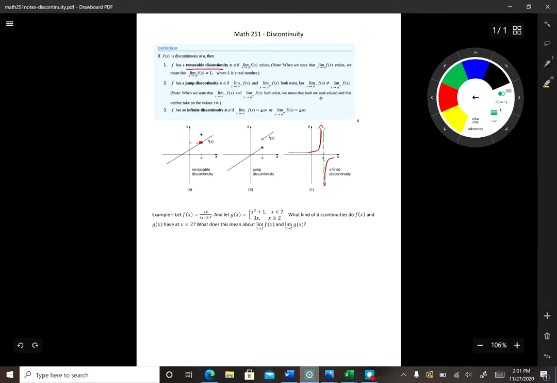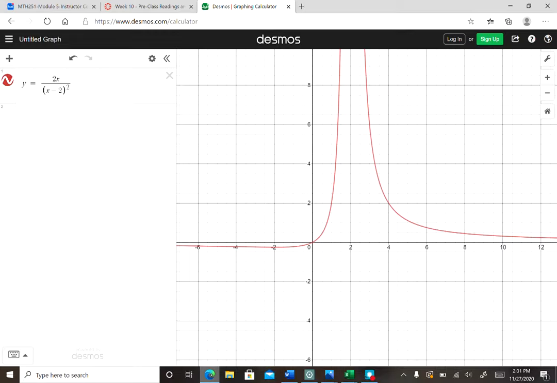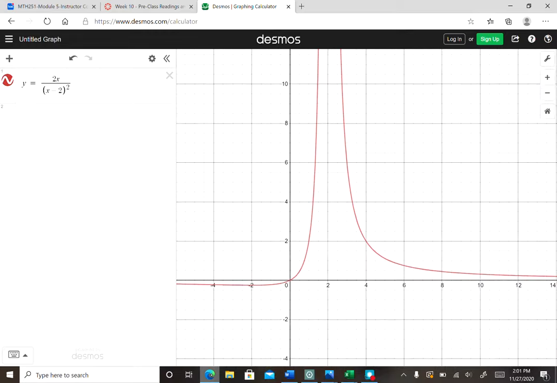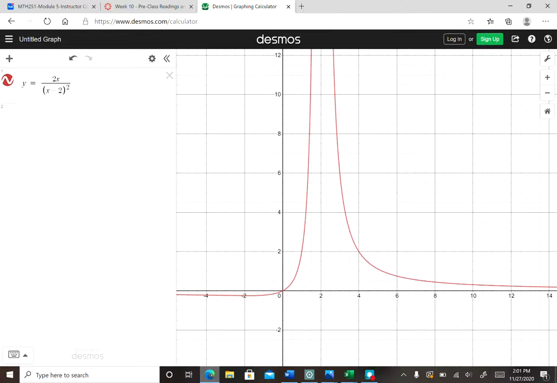If I were to graph f of x, this is what it looks like. Here is f of x. And we can see that we have a vertical asymptote at x equals 2. We know that we have this vertical asymptote because if we set our denominator equal to 0, which is what occurs when we have a vertical asymptote, we get x equals 2.